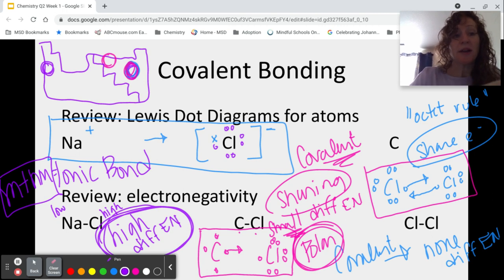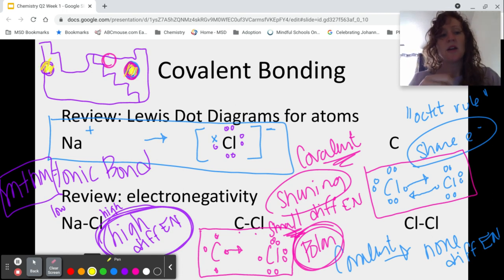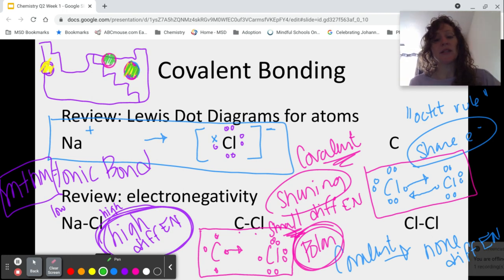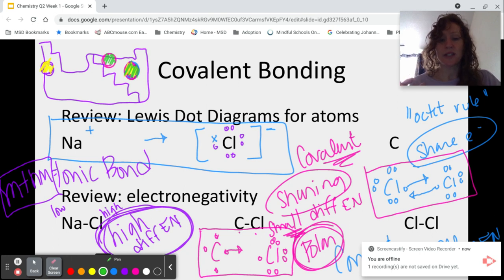If you're trying to bond a metal with a nonmetal, you're going to get a really high difference in electronegativity, and that's going to be an ionic bond. If you're trying to bond a nonmetal with another nonmetal, that's going to be a really small difference in electronegativity, and so that will be a covalent bond.